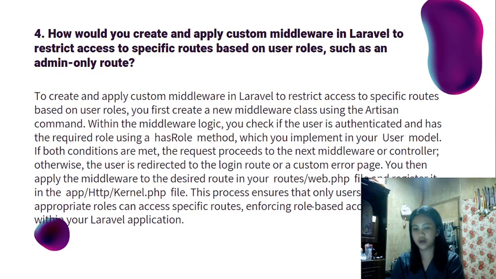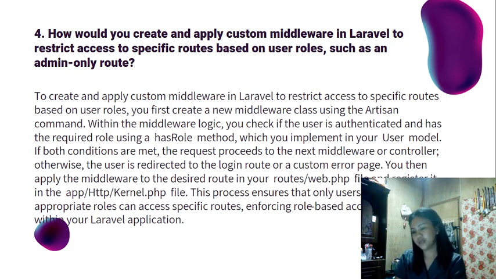So, number 4. How would you create and apply custom middleware in Laravel to restrict access to specific routes based on user roles, such as an admin-only route? To do this, you first create a new middleware class using the artisan command.